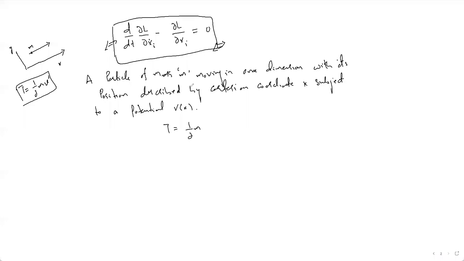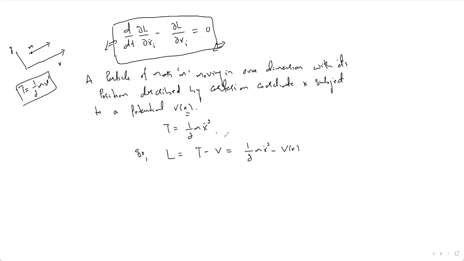Instead of v, I have the coordinate x, so I write x dot square, because x dot is my v. Then the Lagrangian L is equal to T minus V, that is 1 by 2 m x dot square minus V of x. This potential is a function of x.